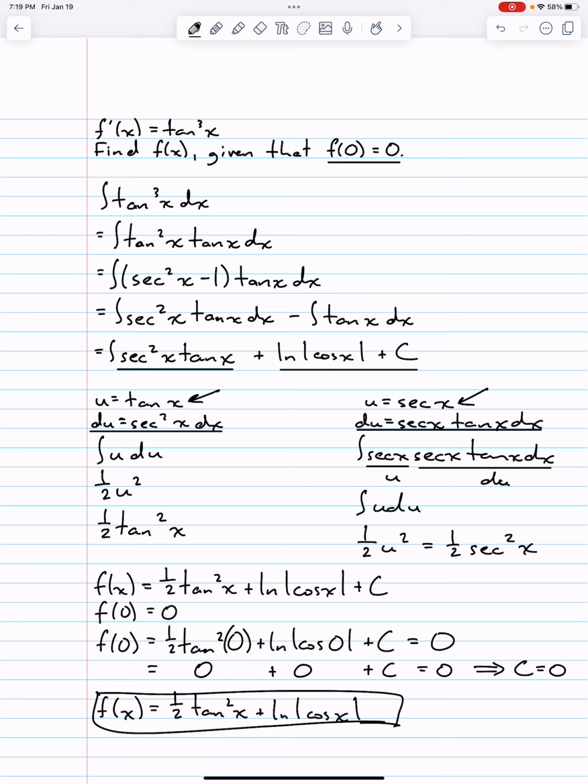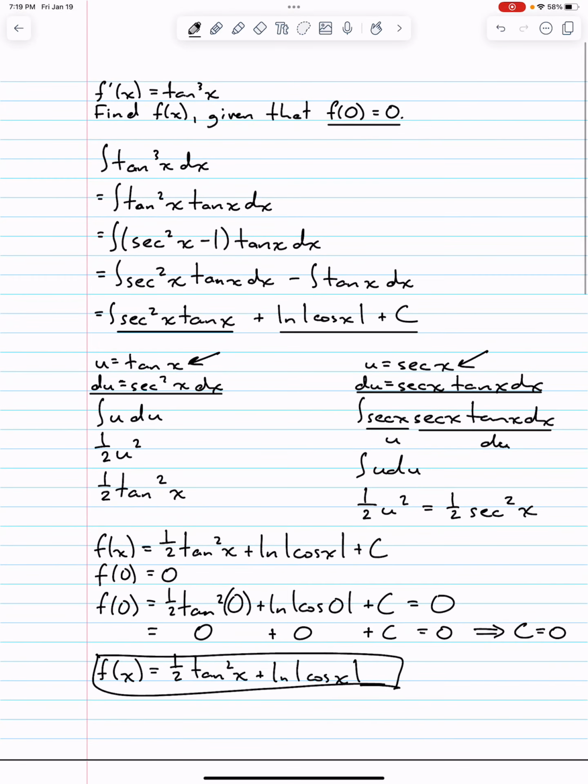We meet both those conditions, so we have a choice here. If we do the integral both of those ways, then no matter what, we get the integral of u du, which is always going to give you 1/2 u squared. But the difference comes from what that u is. In one case I get 1/2 tangent squared of x. In the other case, I get 1/2 secant squared of x.